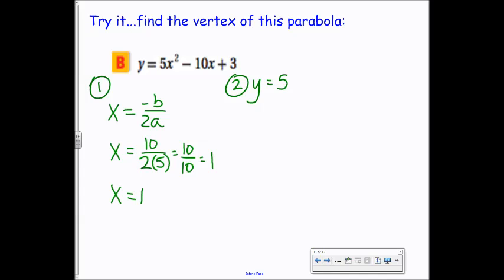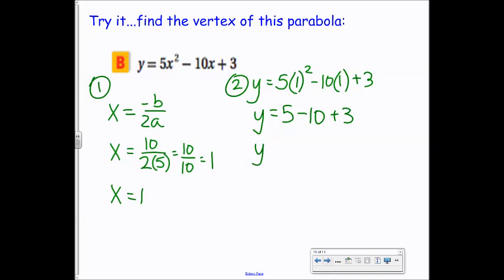Times 5? What's 10 times 1? What's 5 minus 10? Positive or negative? Negative 5 plus 3? Negative 2. So then what's my answer? 1 comma negative 2. Perfect.